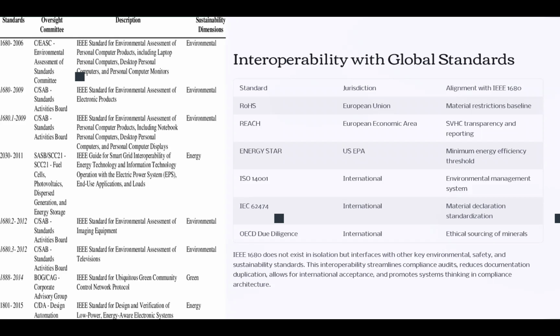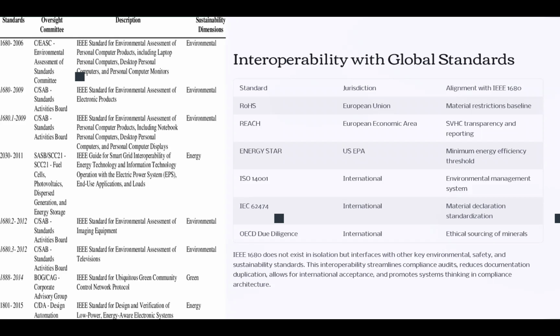Now, there is another guidance called OECD due diligence. This deals with ethical sourcing, especially for minerals. So IEEE 1680 aligns with this by requiring companies to address responsible supply chain practices.